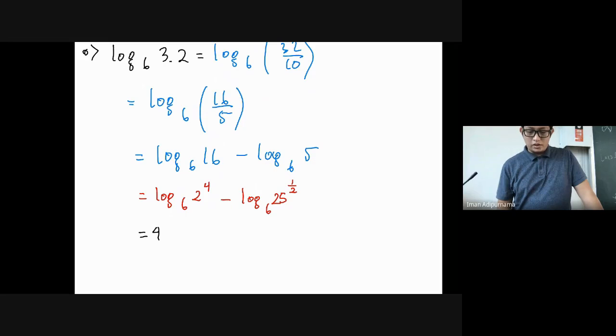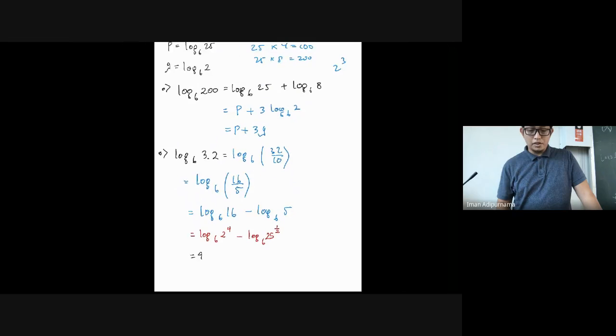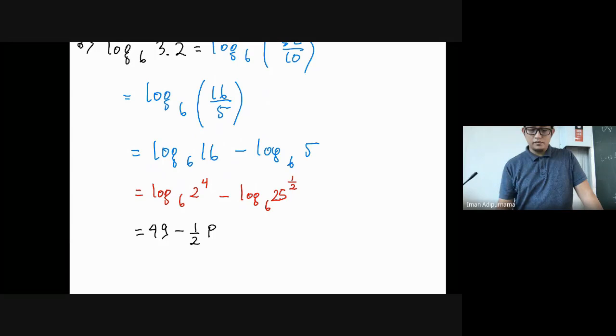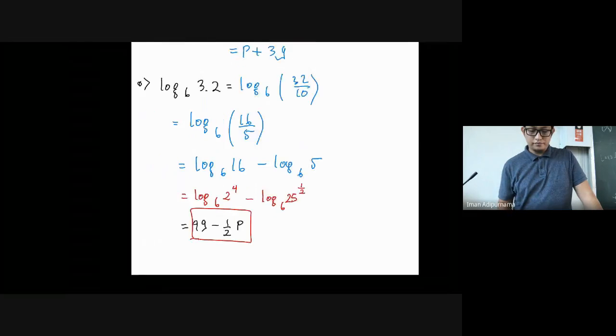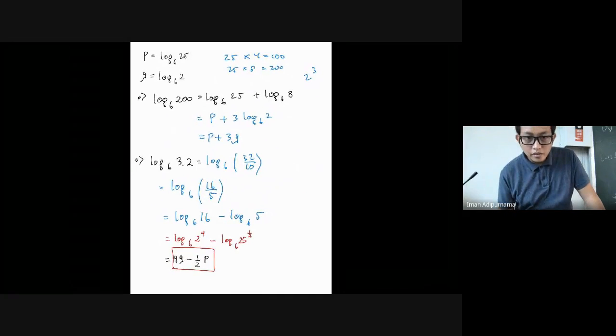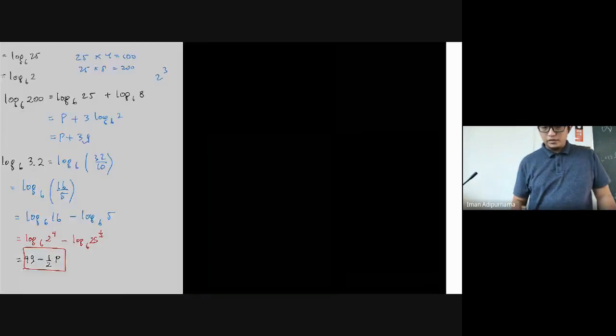So it will be 4 log base 6 of 2, which is our q, so 4q, minus half log 6 of 25, which is half p, okay? We can stop here. Another is 75. Let me move to the next section.